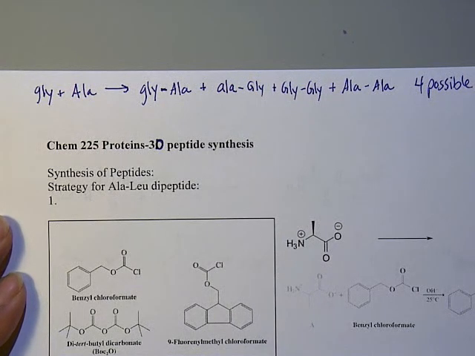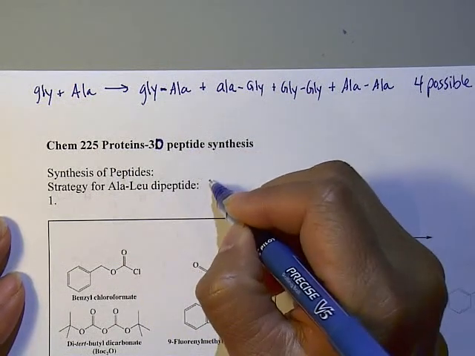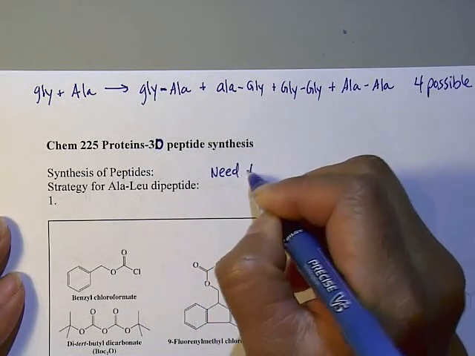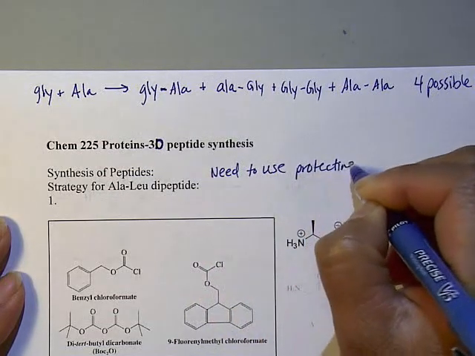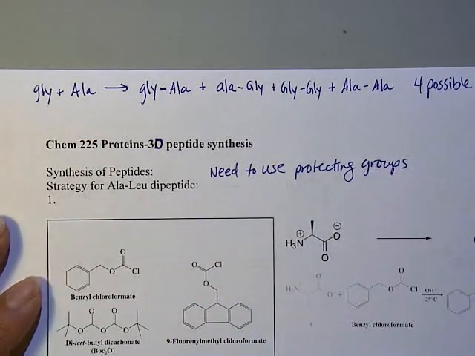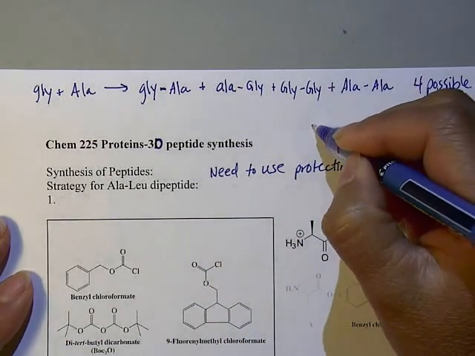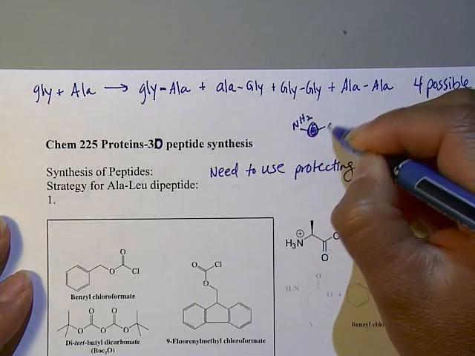Okay, so the strategy for making peptides is that you need to use protecting groups to accomplish this.